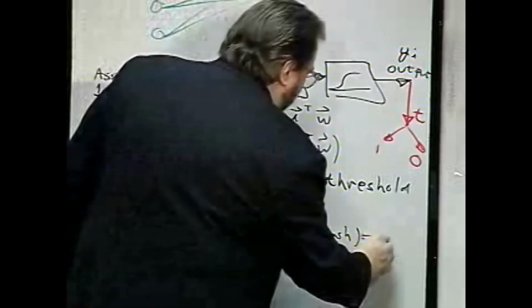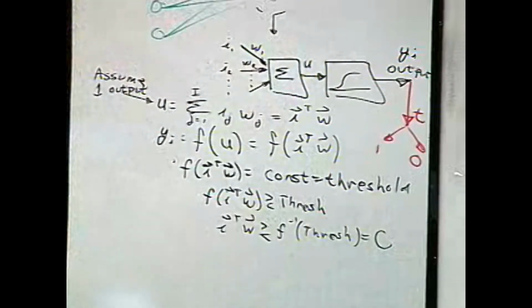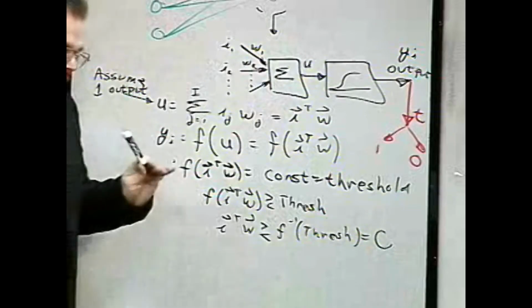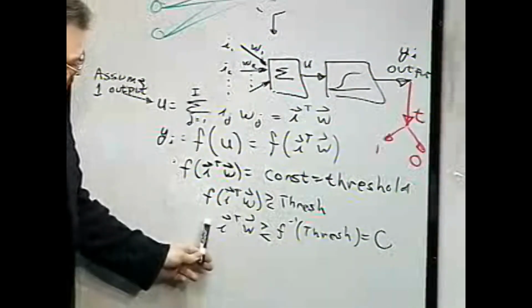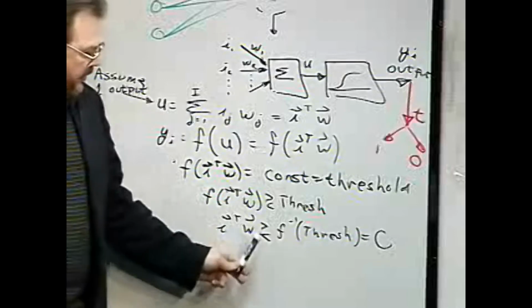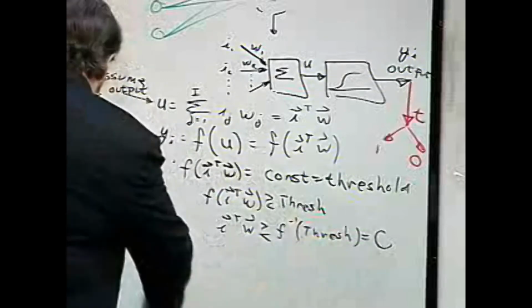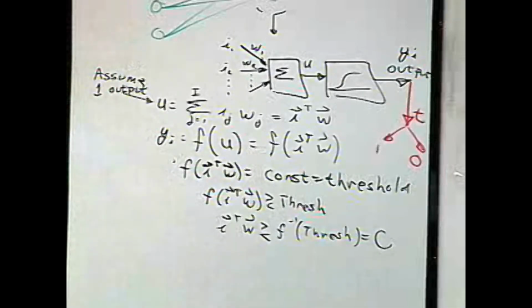So this is equal to another constant, call it c. So my boundary between my decisions is given by this equation: I transpose w is equal to c. Now let's look at this for a single neuron.